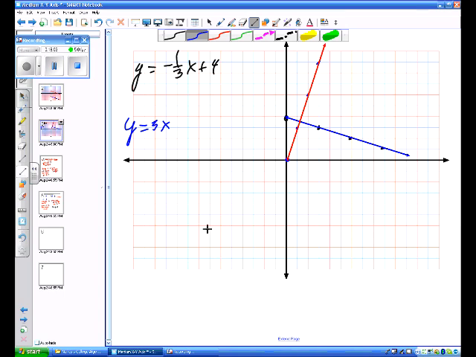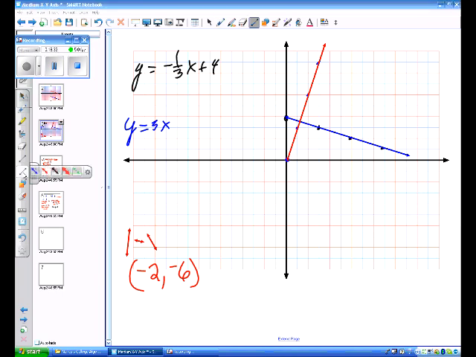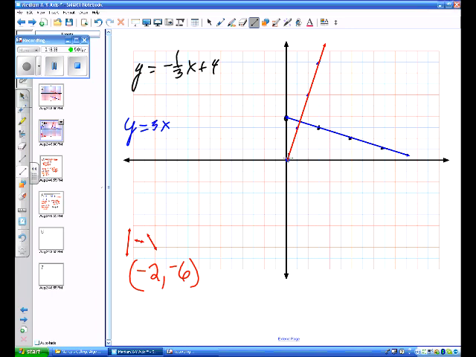Okay, those lines appear to be perpendicular, and we were wanting to go through the point -2, -6. Well, if we look at the points that we went through, at -2, -6, you may say, well, I don't know because my line didn't go back that way. Well, let's just extend that line a little bit back and see where it would go.